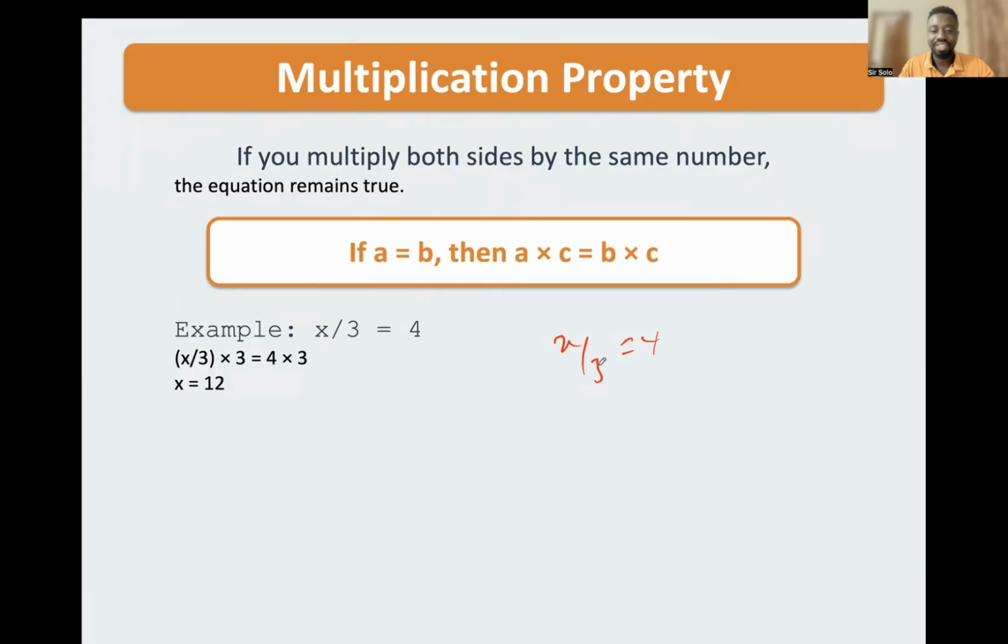So we multiply both sides by 3. We have 3 times x over 3, and 3 times 4. This will cancel this, so you're going to have x equal to 12. Good. 4 times 3 is 12.